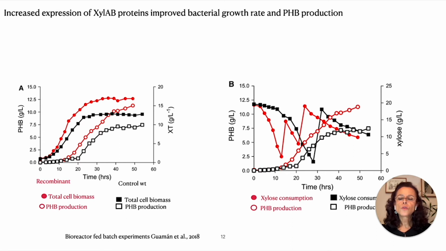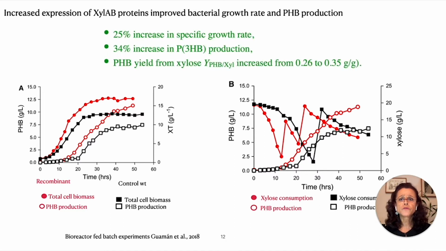We also observed that when you increase the expression of proteins involved in the catabolism of xylose, compared to the control, the biomass and polyester were highly improved when you overexpress these two proteins. And you can also see that the recombinant could consume xylose faster than the control under bioreactor fed batch experiments.